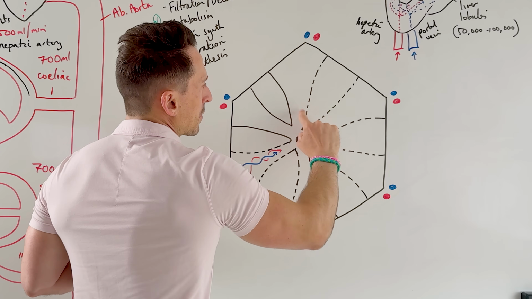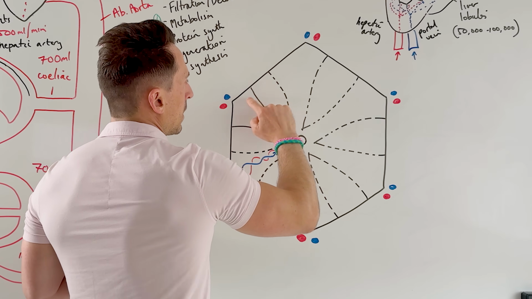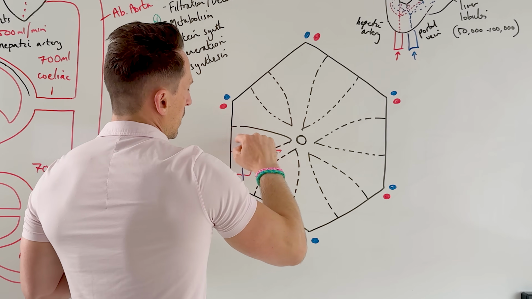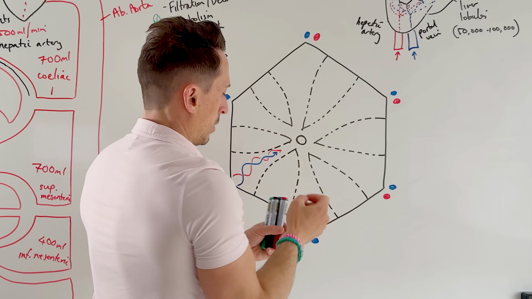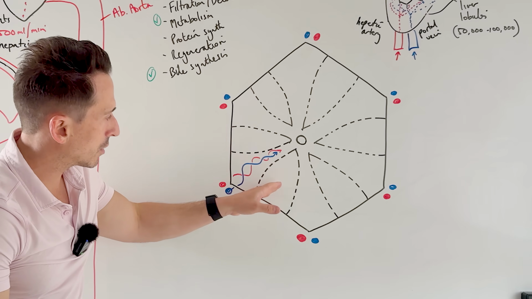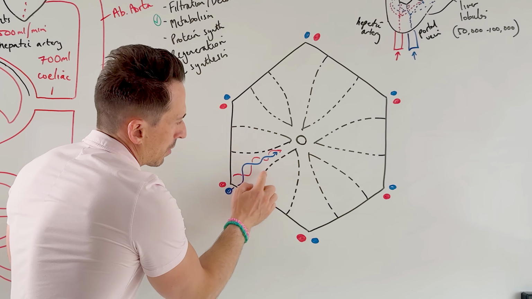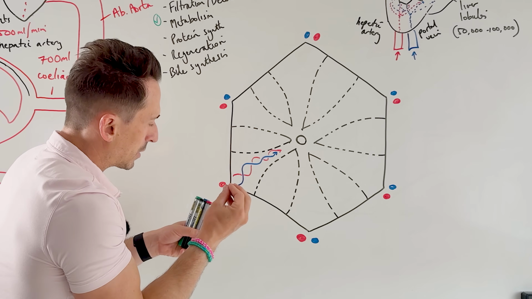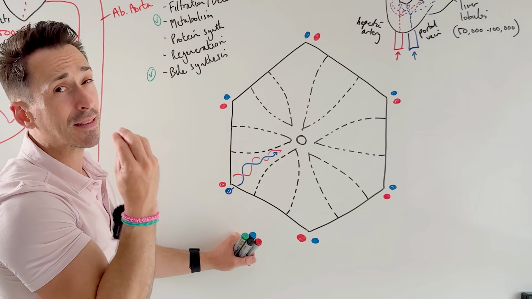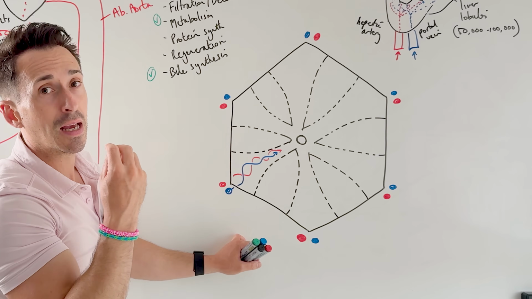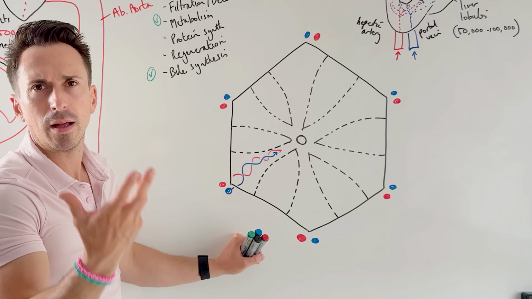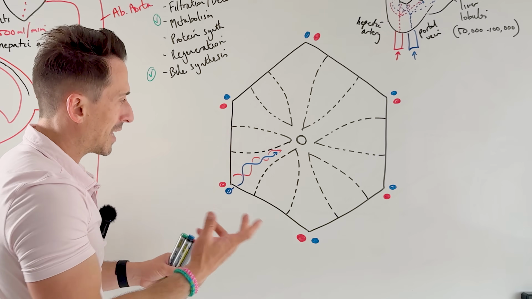The capillaries that have the largest holes in them are called sinusoidal. Now, these are sinusoids, and these are sinusoidal epithelia, which means they're big gaps, and they let heaps of things through. They don't let cells through, right?